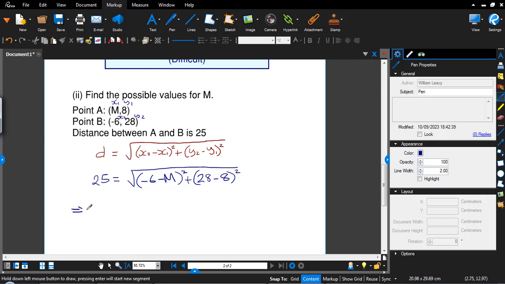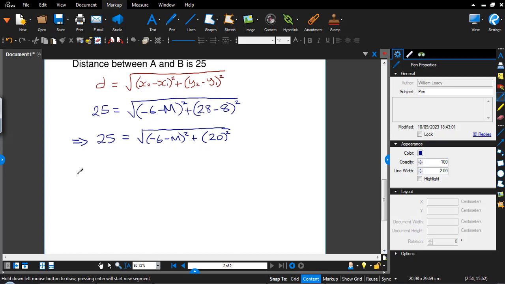So that implies 25 is equal to the square root of this. We can't really do anything with that. 28 minus 8 is 20, so I'm just going to put 20 squared. Alright, so we move down.